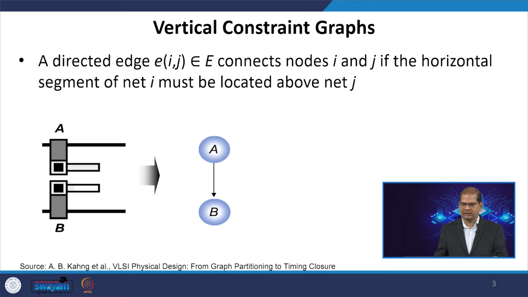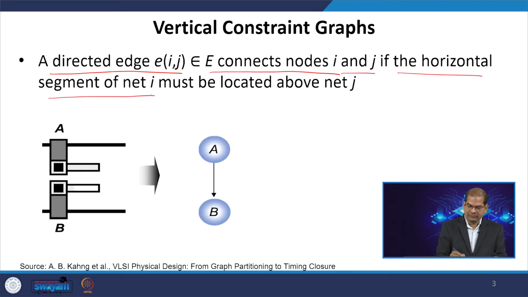So, what is a vertical constraint graph? Any graph is denoted by two things: nodes and edges. Nodes are basically the pins in the channel, and a directed edge E(i, j) belonging to E connects node i and node j if the horizontal segment of node i must be located above node j.